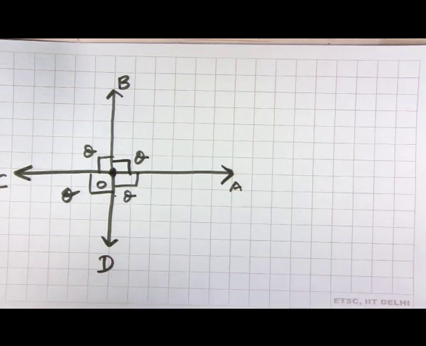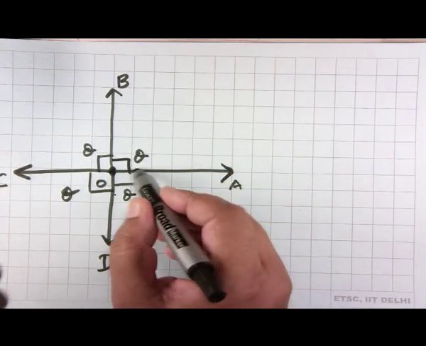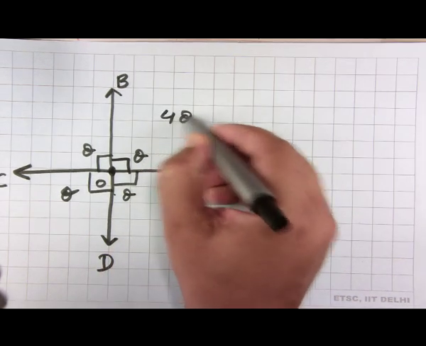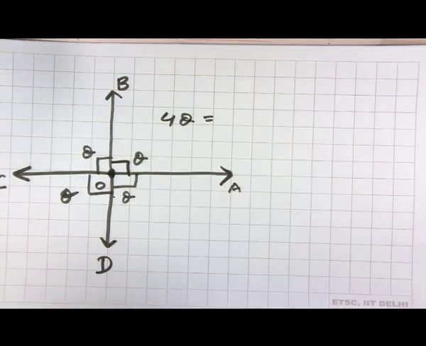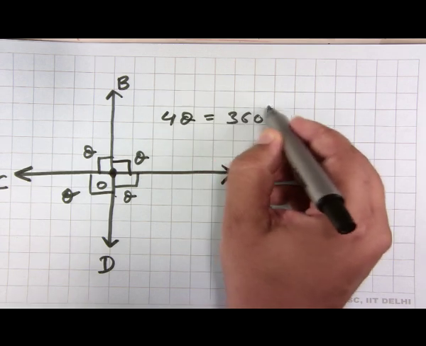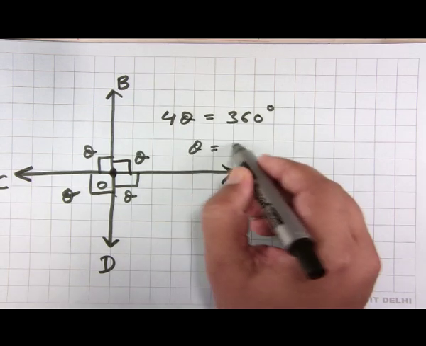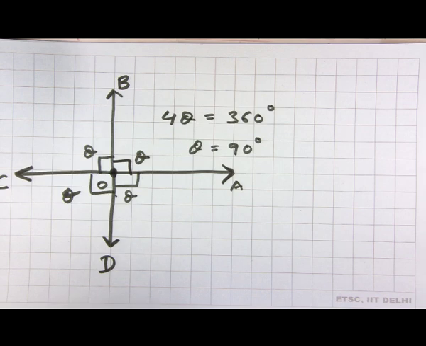But then what we see is that 4 times theta, if you add all these angles, is exactly equal to 1 complete revolution, which we have seen is equal to 360 degrees, and therefore, this angle theta is 1/4 of 360, which is 90 degrees.